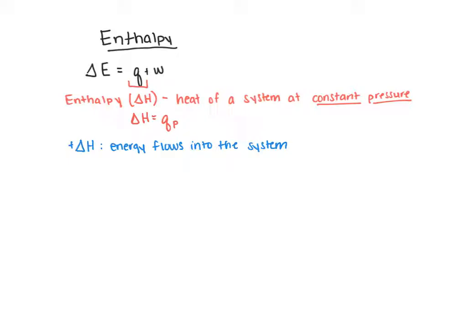And when delta H is positive, we call that endothermic. Alternatively, when delta H is negative, energy is flowing out of the system. And we call that exothermic.